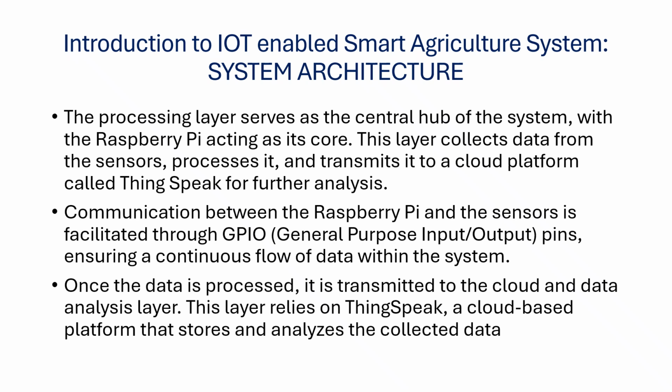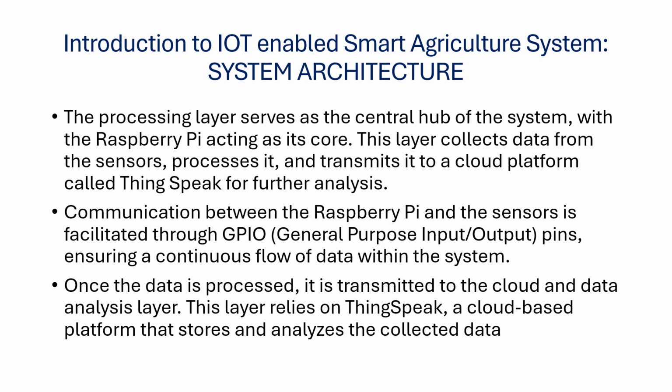In this system architecture, we have one cloud platform whose name is ThingSpeak platform. One more thing I want to tell you: the communication between the sensors and the Raspberry Pi, which is at the processing layer, is done only through the GPIO. What is GPIO? GPIO is general purpose input output pins.